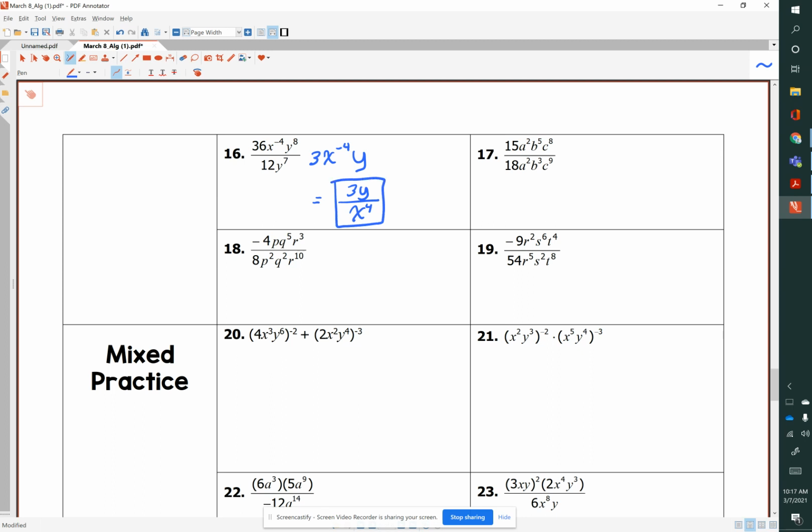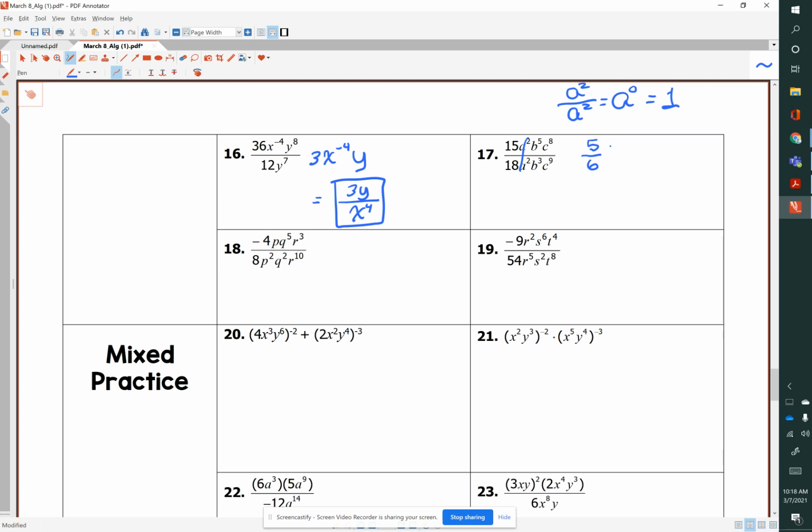Number 17, let's reduce 15 over 18 by dividing each of those by 3, which will give us 5/6. And the a's would be eliminated. They would equal 1 because it would be a to the 2nd power over a to the 2nd power, which equals a 2 minus 2 is 0, and anything raised to the 0 power is 1. So the a's, since multiplication by 1 is an identity, we can eliminate that, becomes an invisible 1.